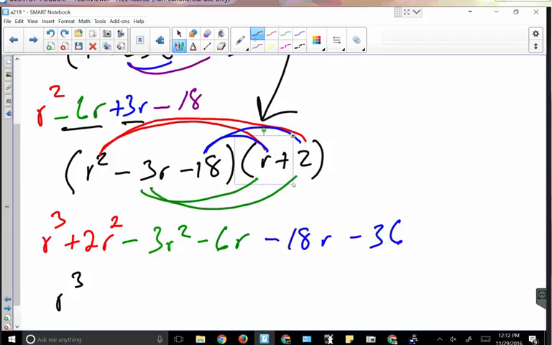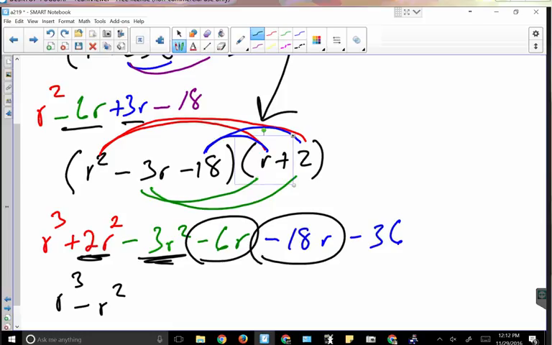So if you don't find your like terms, go looking for them. So I got it here, so that's going to be minus r squared. Now I've got an r here and an r there, so that's going to be minus 24r minus 36. So, did I get it right?